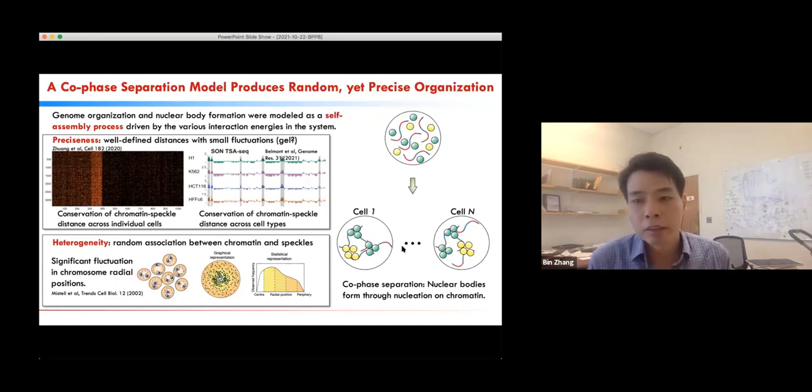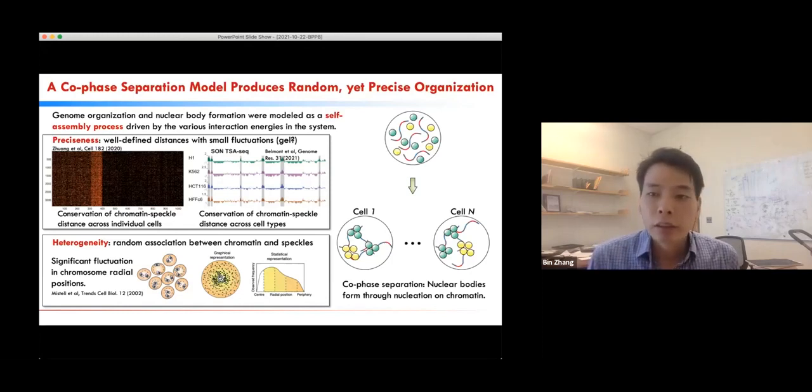So this simple co-phase separation mechanism can reconcile both the precise and heterogeneous features of genome organization, which may seem a little bit contradictory at first sight.